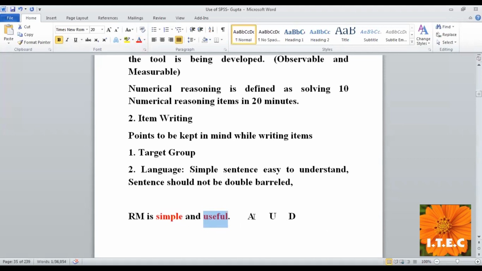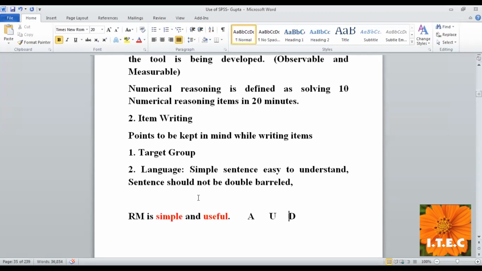So some of you may agree and some of you may disagree. But if you say disagree, then I do not know what is the meaning of disagree. Whether you are disagreeing for simple or you are disagreeing for useful. So such items should not be written.